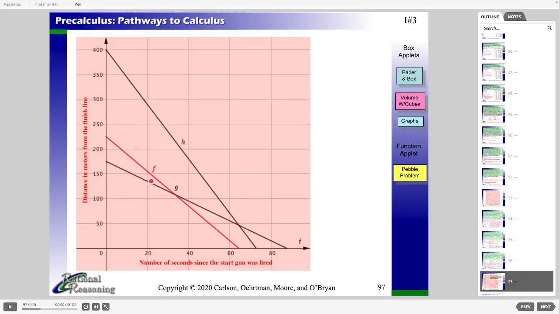Okay, so we see f of t, it's not so important here, but what we see is that the distance between the two becomes 0 here. Now, if it were to keep going, this negative value means that now the tortoise is that far behind, right? So we could have negative values here, but we also see that that corresponds to the place where they cross, where they're equal now. Their distance between each other is 0.